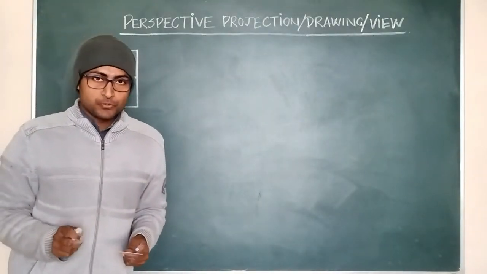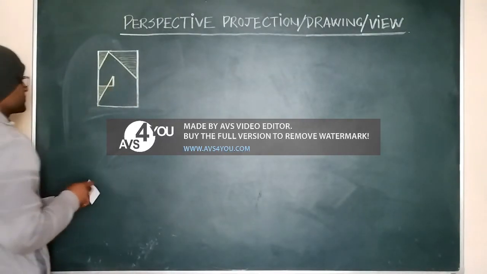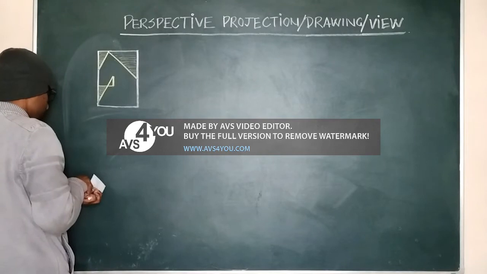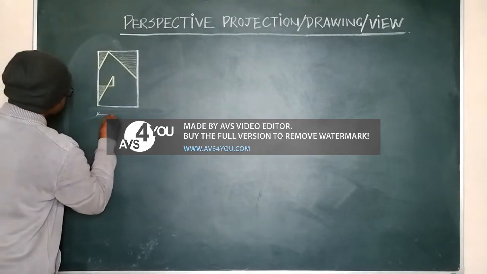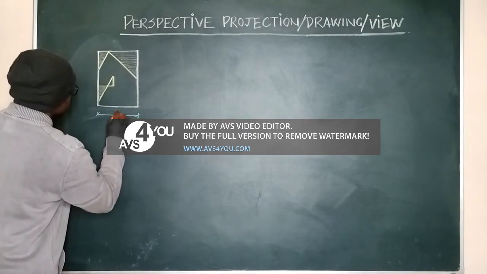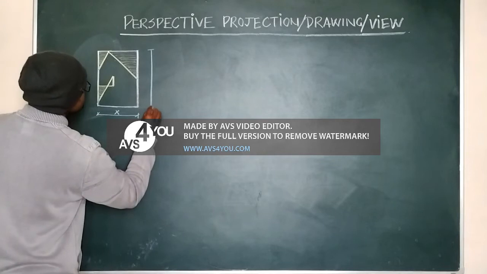Now we have to draw the perspective view of this pattern. Suppose this is x. Now suppose this dimension is x and this dimension is y.